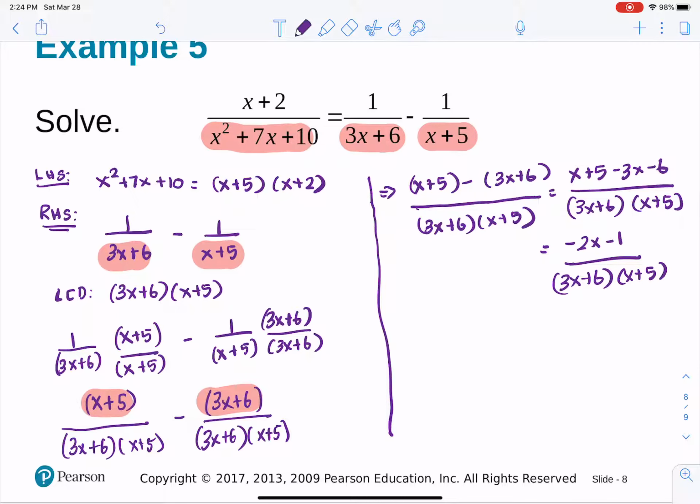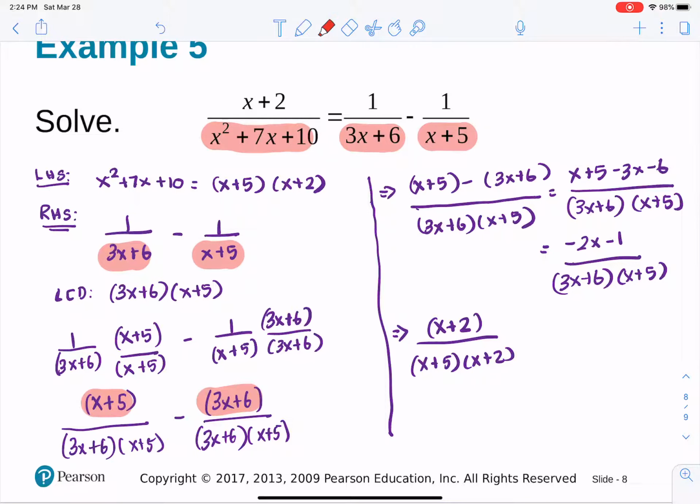Could we simplify this further? I don't think so. So we just have to stop right there, and we move on to the other side. We have x plus 2 divided by x plus 5 times x plus 2.